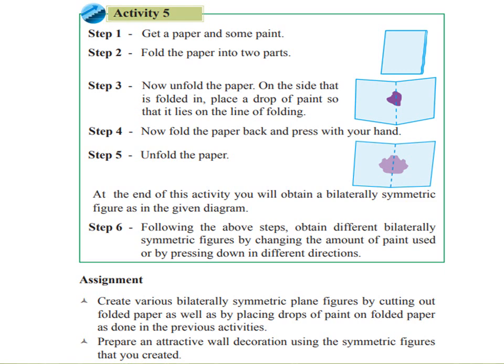So prepare an attractive wall decoration using the symmetric figures that you created. You can create more than 5, 6, 7, 8, and you can create 50 or something. Then you can create an attractive wall decoration using the symmetric figures that you have created. It's good. So let's go to the next one.